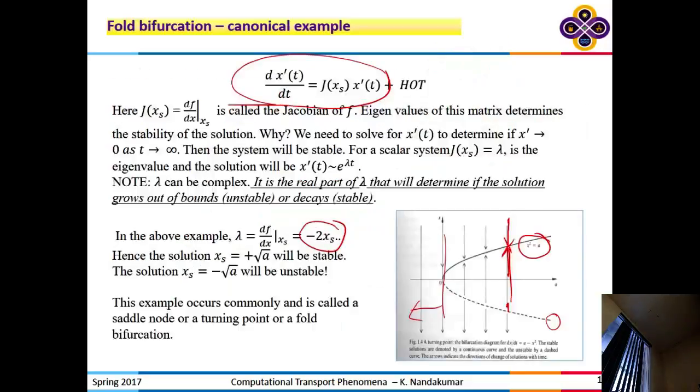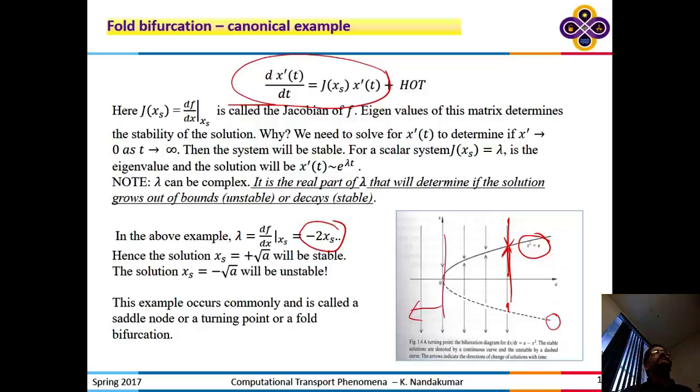Now, when I linearize this equation, I get this as my linear differential equation. The solution to that is given by e to the power lambda t. Now you get it, right? Yeah. And lambda is this.